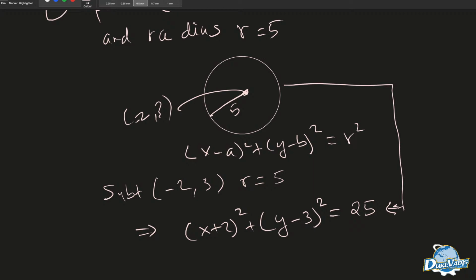Now with this we have the equation of the circle. So how do we test the point that has been given? We don't know.